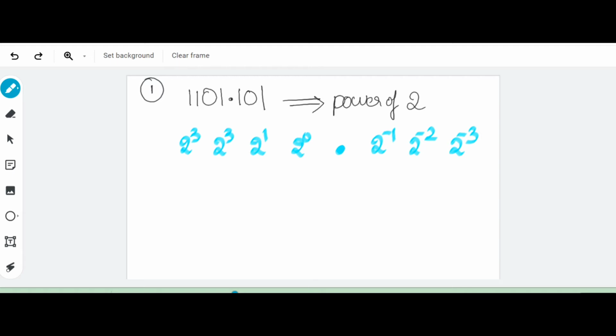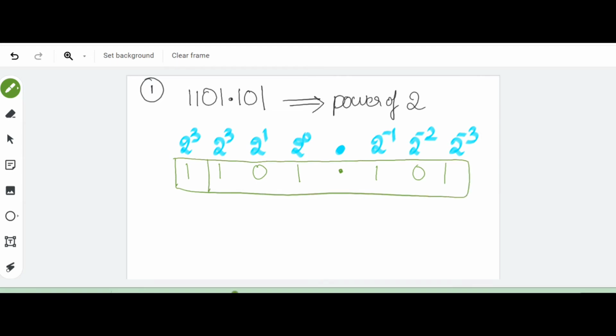Now let's put these values here: 1101.101. It is better for you to write this first and then arrange the powers of 2 according to that. That is how you are going to do it.